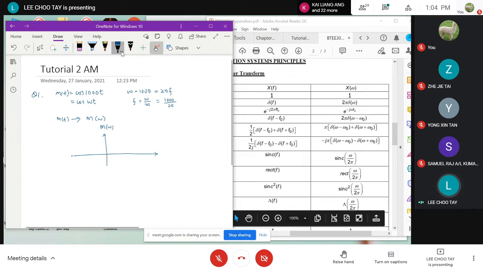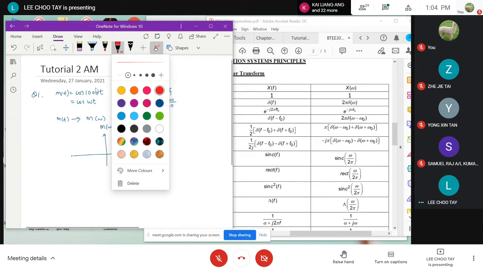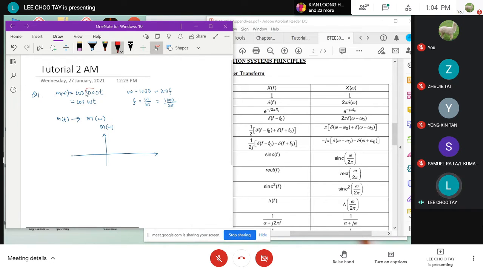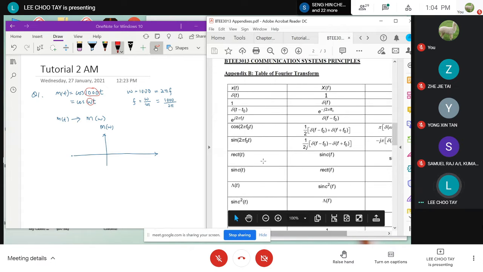This is my omega naught. Basically, this is the omega axis. If you refer back to this table, it is 2 pi f naught.